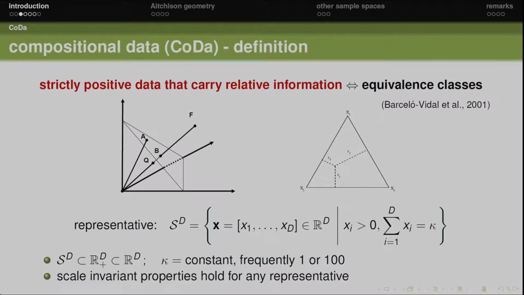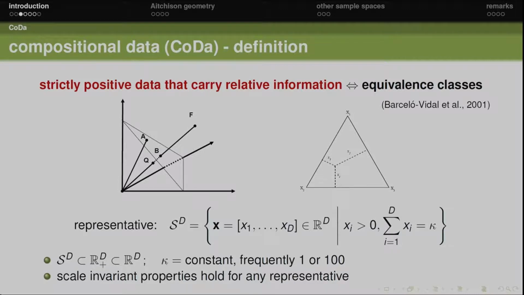If they carry relative information, it doesn't matter where it is located. All the points on one line going through the origin will carry the same relative information. So we can consider them to be equivalence classes.